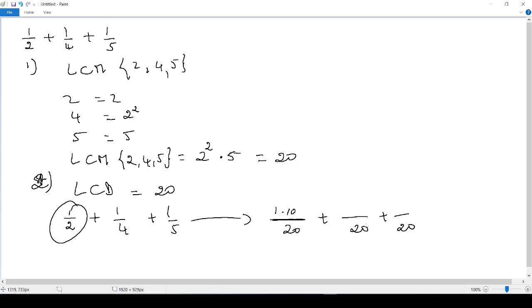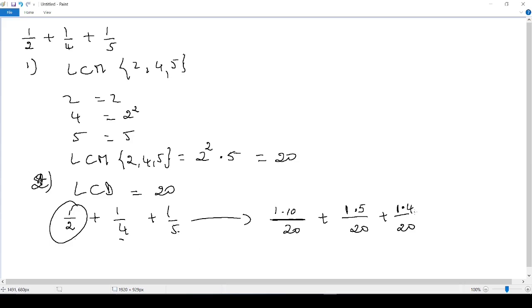For the second, you take the 20, you divide it by 4, that's 5, and you multiply by the top, that's 1, so 5. The third, you take the 20 again, you divide by 5, that's 4, and you multiply by the 1 of the top.